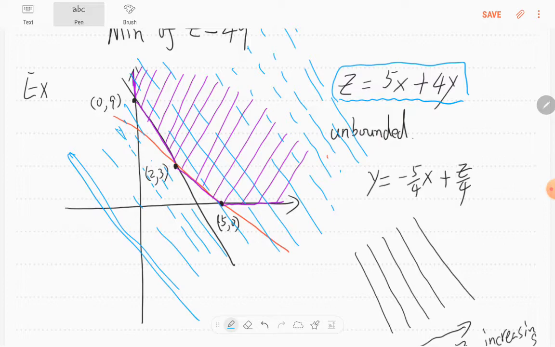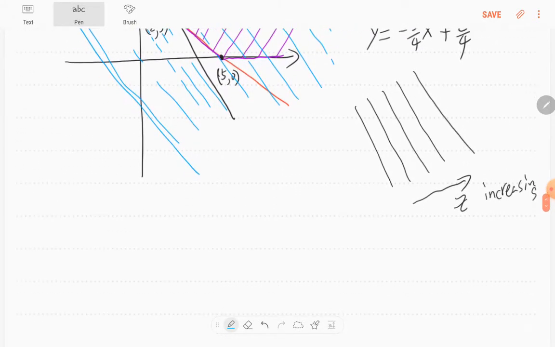So z has no maximum value, but it should have a minimum value because it will touch this region. The first point it touches gives the minimum value. But which point gives the smallest z?